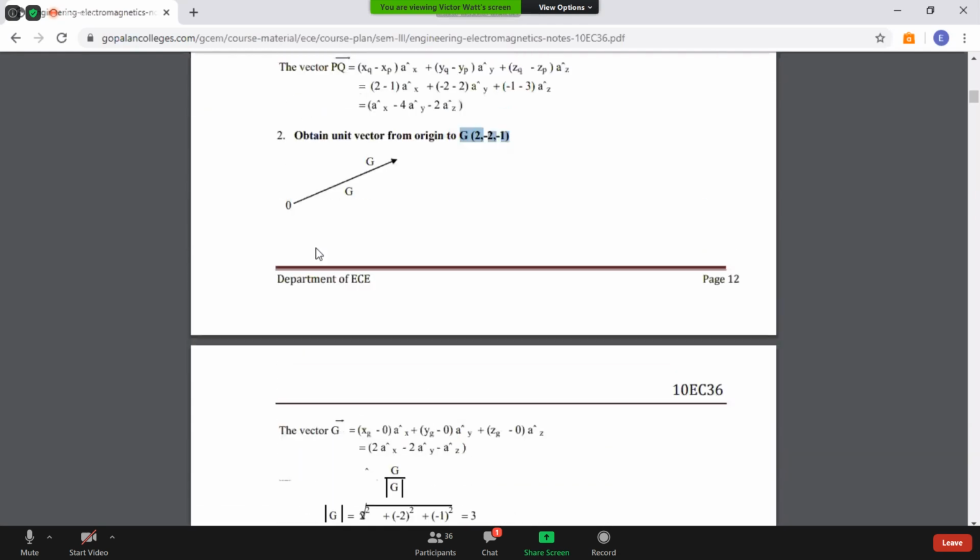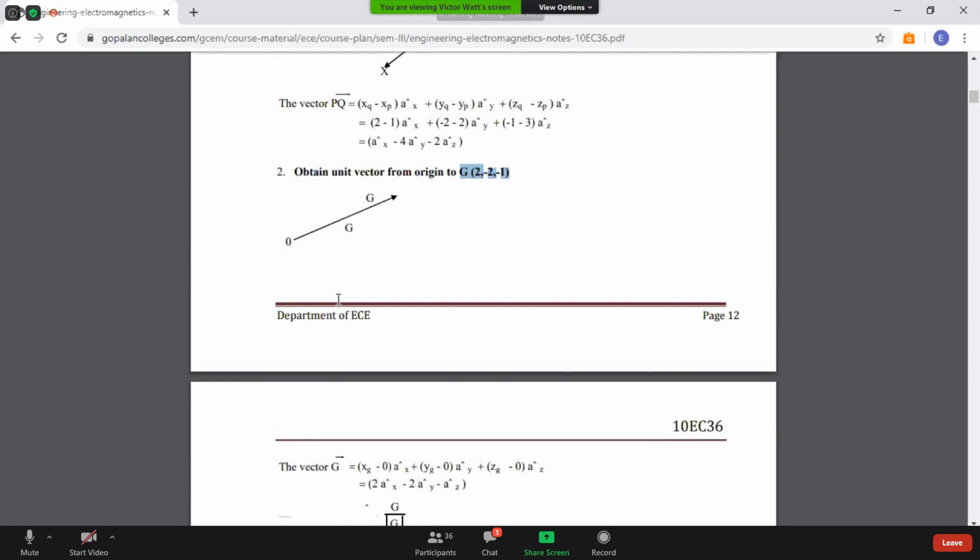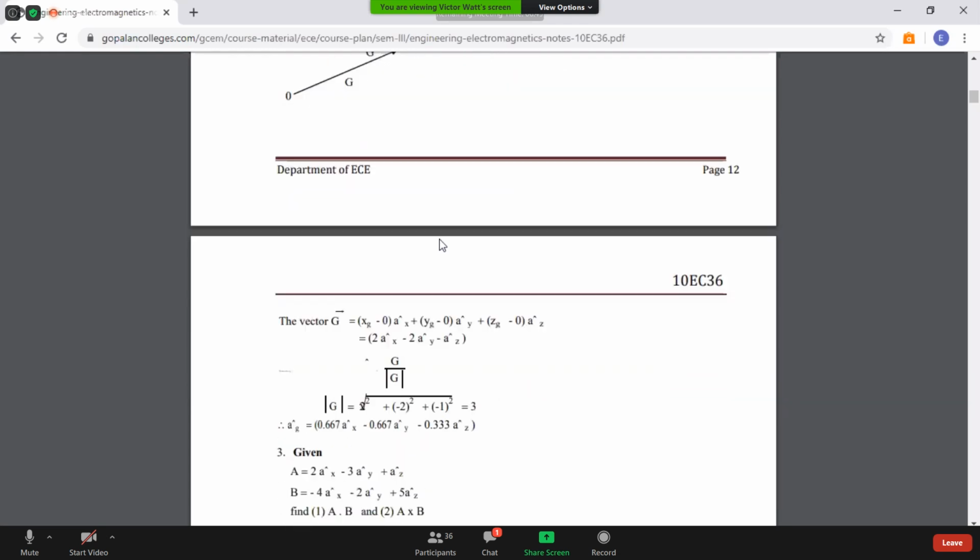From the origin, that vector would be x minus 0 in the ax, y minus 0 in the ay, z minus 0 in the az. So it will be 2ax minus 2ay minus 1az, right? Yes, sir.